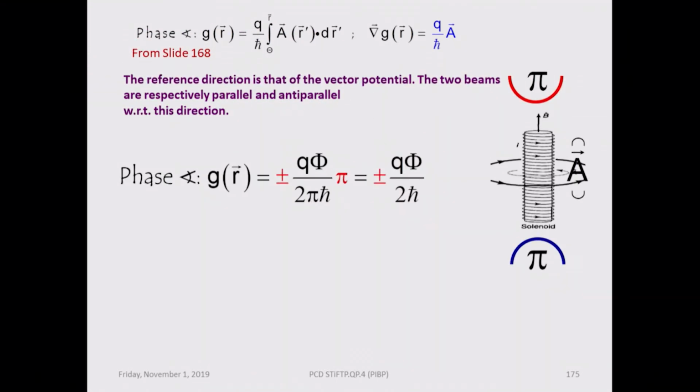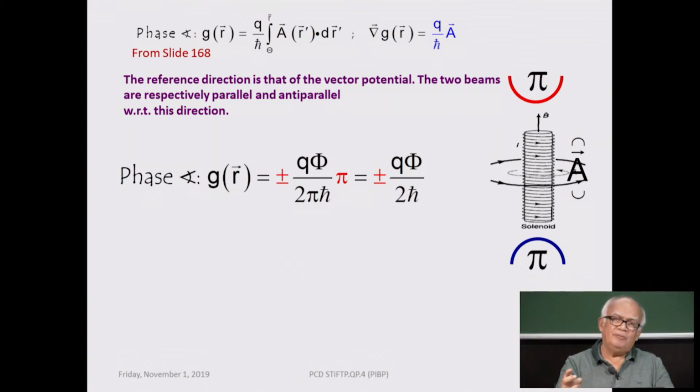So that is the phase difference, and that is the one which is going to impact the interference pattern on the detector, because these phases add up in the Feynman path integrals.